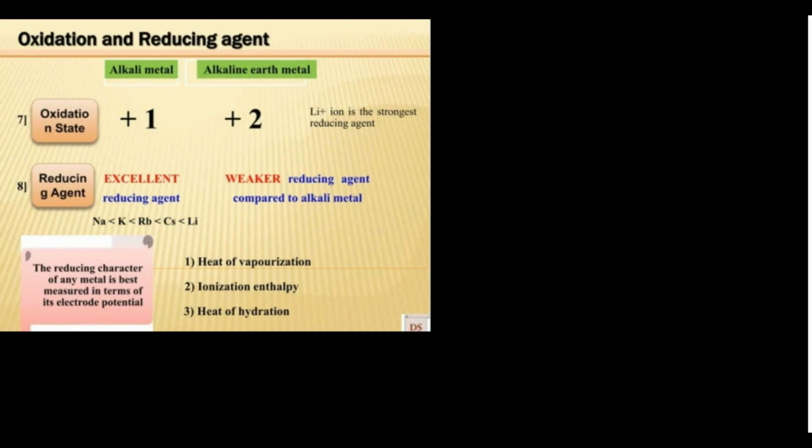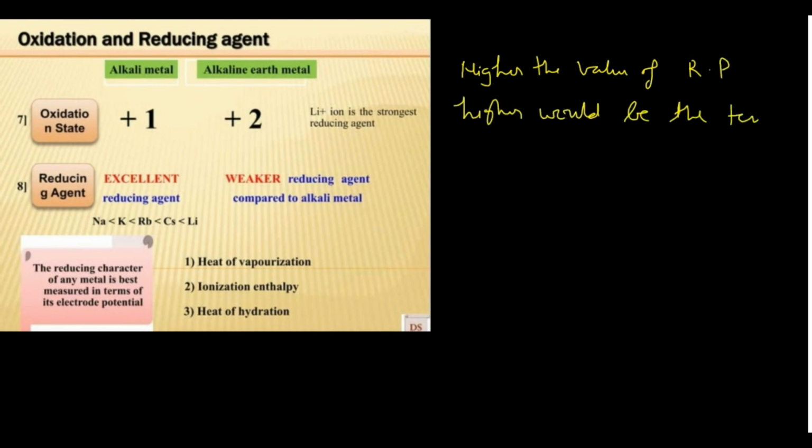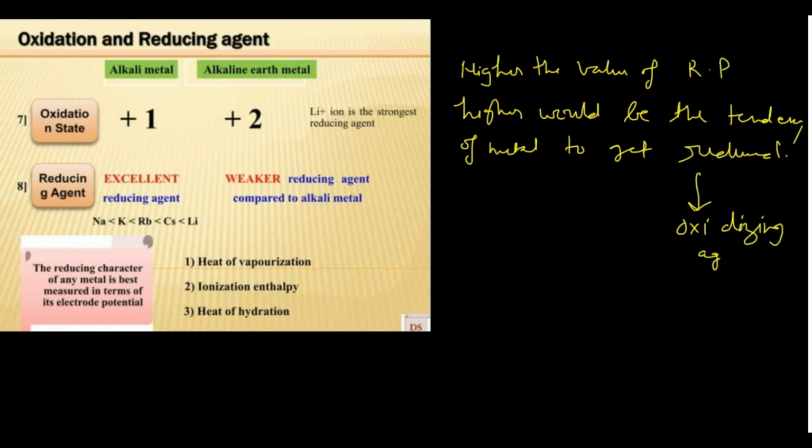You should remember this particular point: higher the value of reduction potential, higher would be the tendency of the metal to get reduced. And when it is getting reduced, that means it is acting as an oxidizing agent. Please remember this point. In any redox reaction, the species which is undergoing reduction will act as an oxidizing agent, and the species which undergoes oxidation will act as a reducing agent.